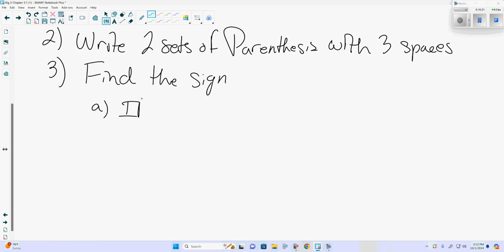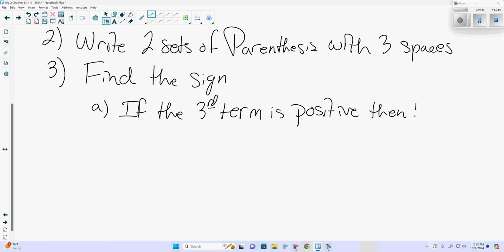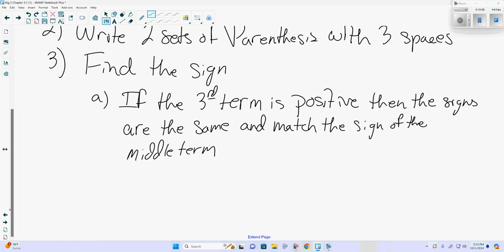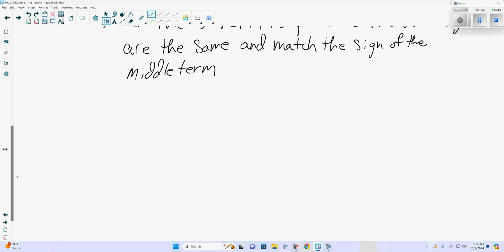The first, if the third term is positive, then the signs are the same and match the sign of the middle term.